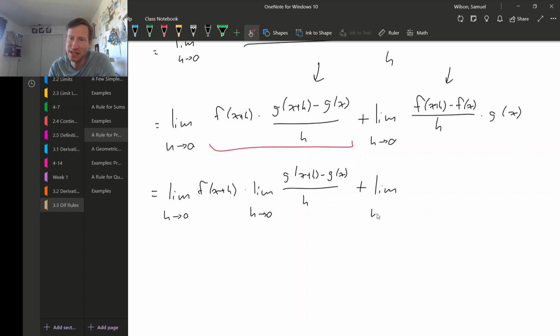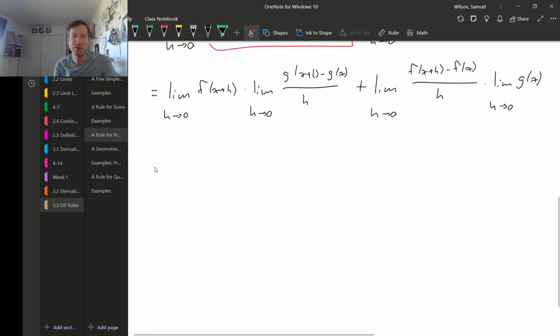We get the limit as h goes to 0 of f of x plus h minus f of x over h times the limit as h goes to 0 of g of x.